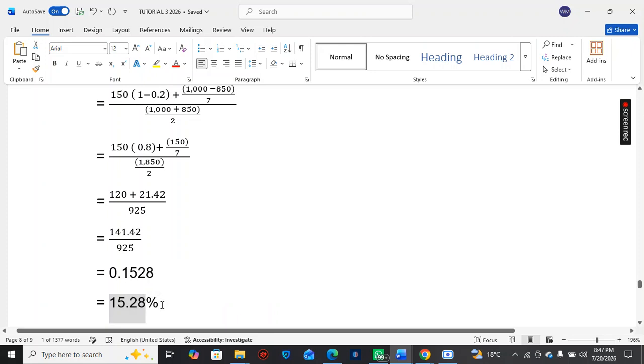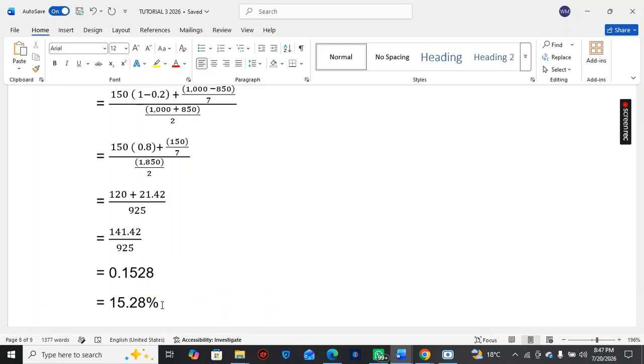That is the cost of debt using this formula, the yield to maturity formula. Yes. Any questions?